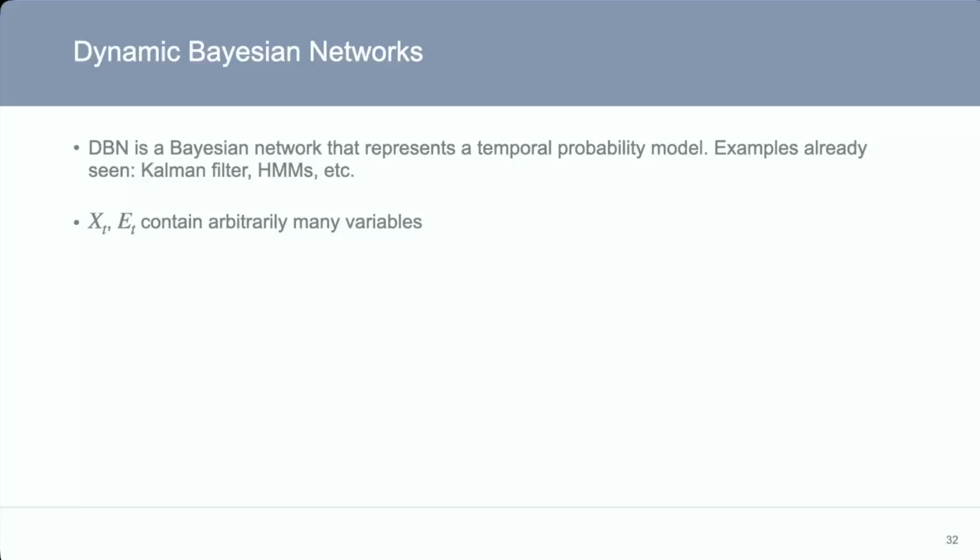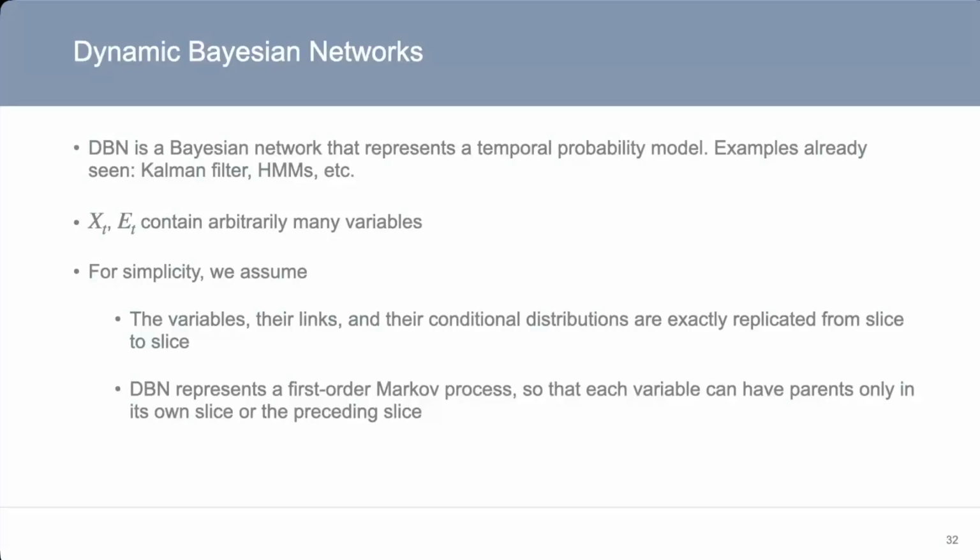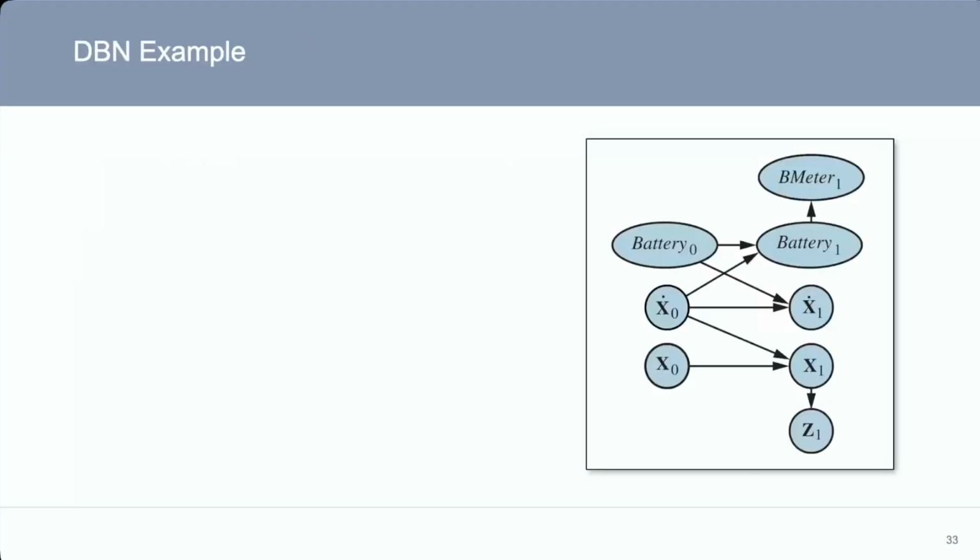In fact, every time slice can have different numbers of variables. But for simplicity here, we would assume that the variables, their links, and their conditional distributions are exactly replicated from slice to slice. And a DBN represents a first order Markov process, such that each variable can only have parents in its own slice or the preceding slice.